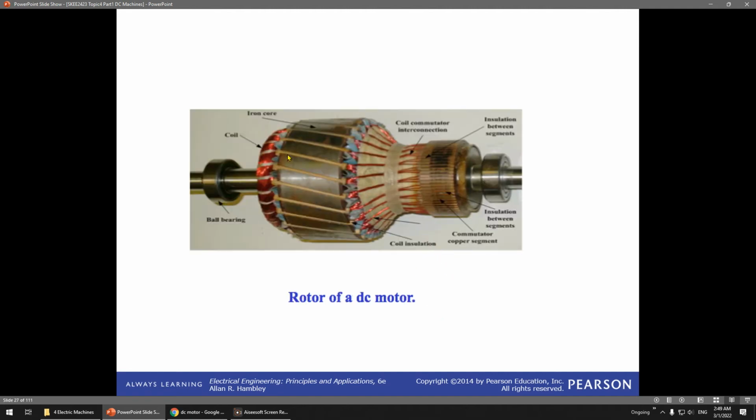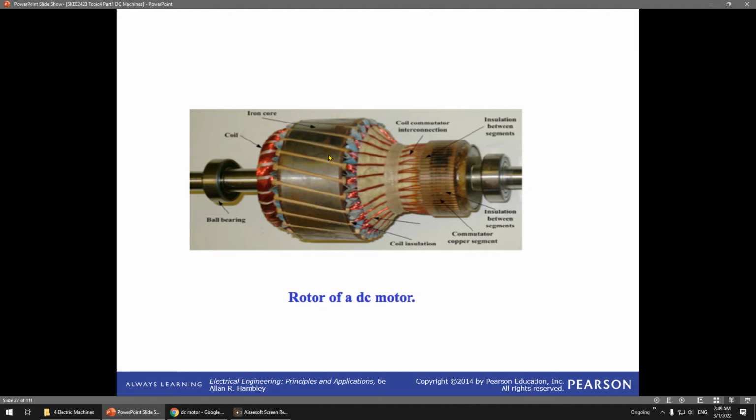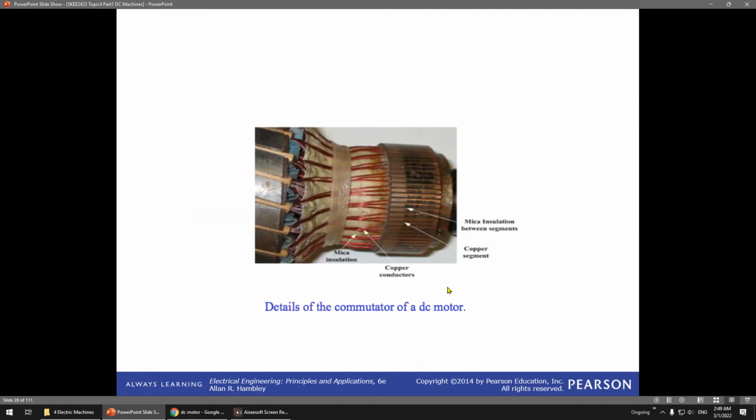You can see here the rotor. This is the winding, the armature winding. This is the bearing, ball bearing. And this is the commutator. Brushes should be here. This is the iron core, this is the coil. Basically this is the rotor of the DC.